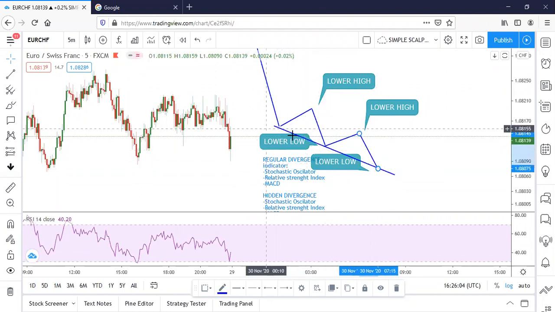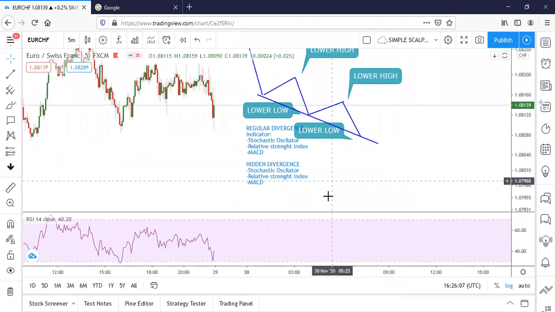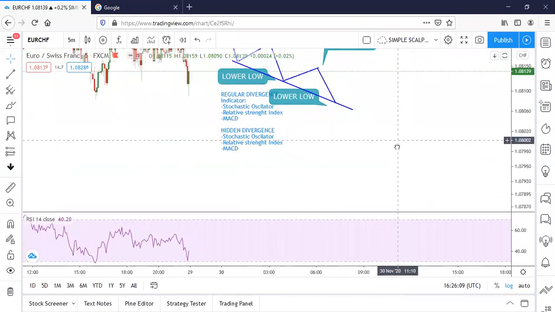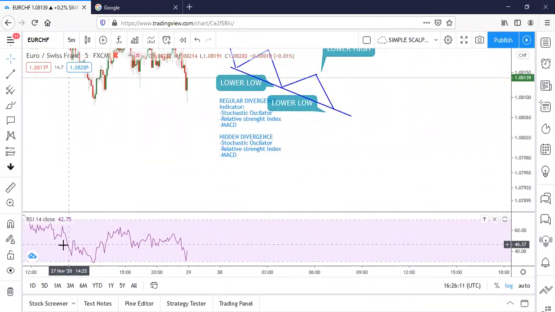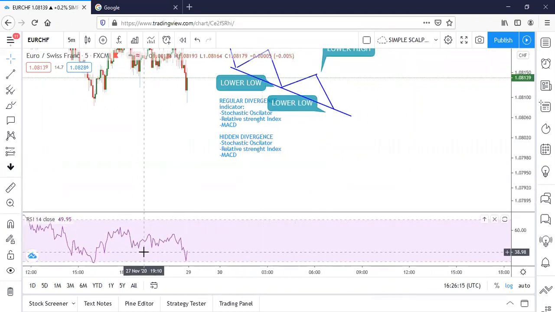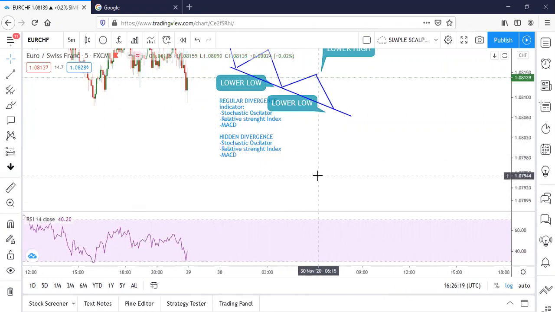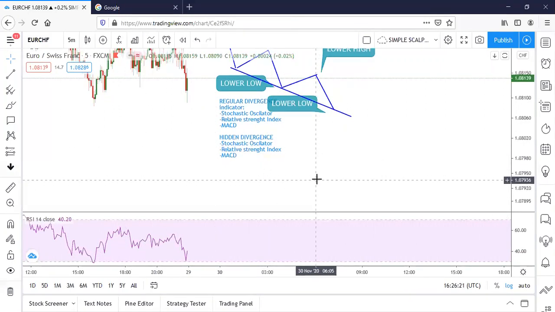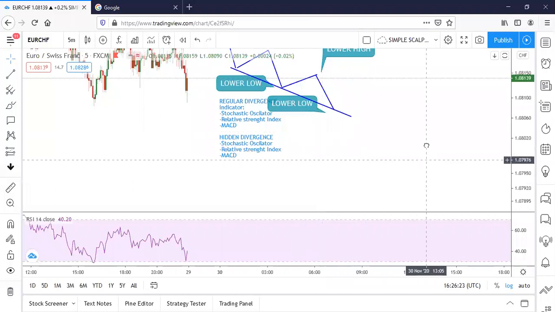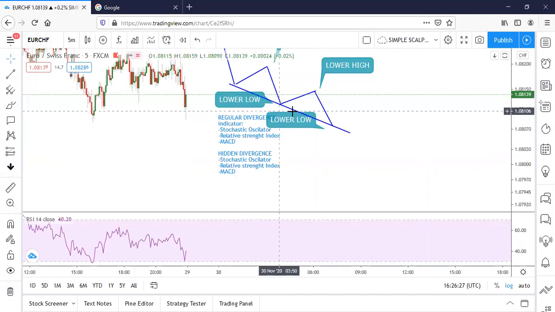Once you have spotted that, the next thing is to look at your indicator, which is either RSI or stochastic or MACD.